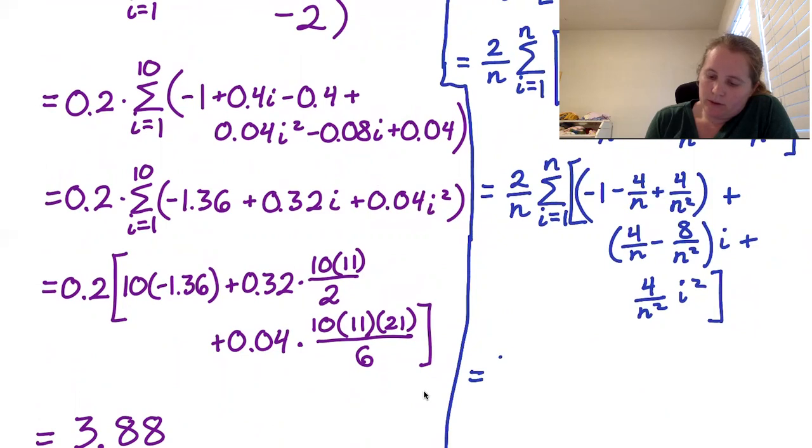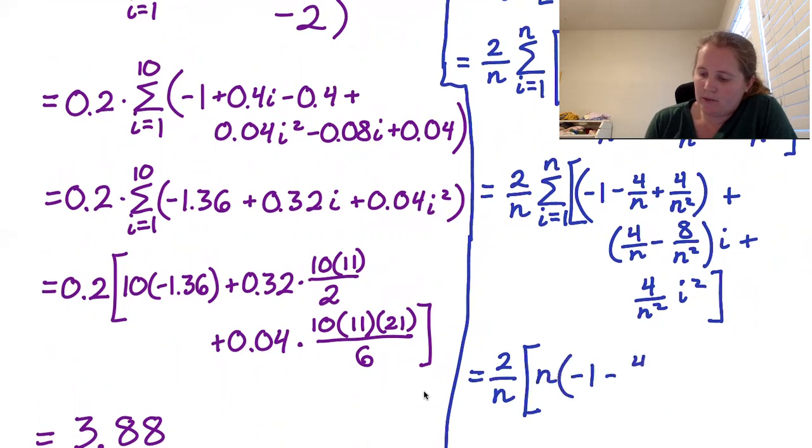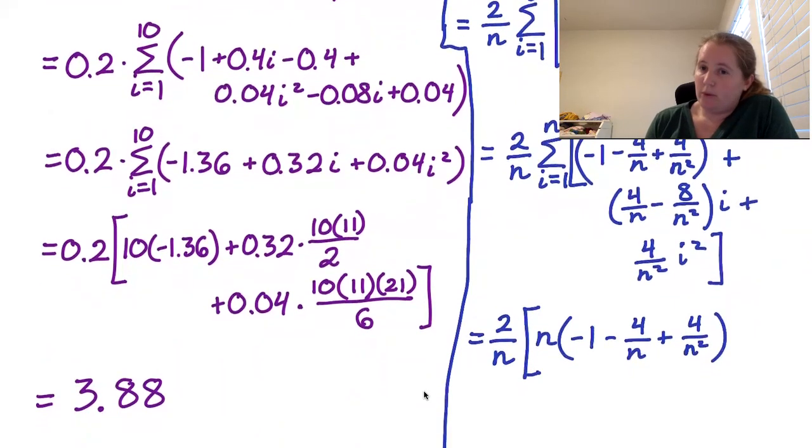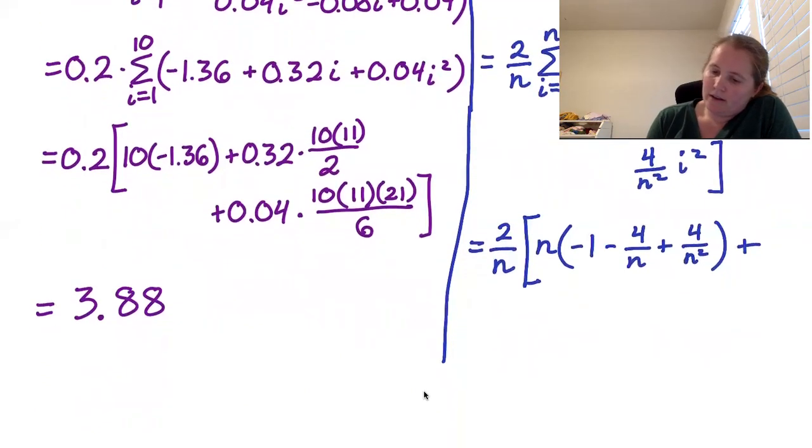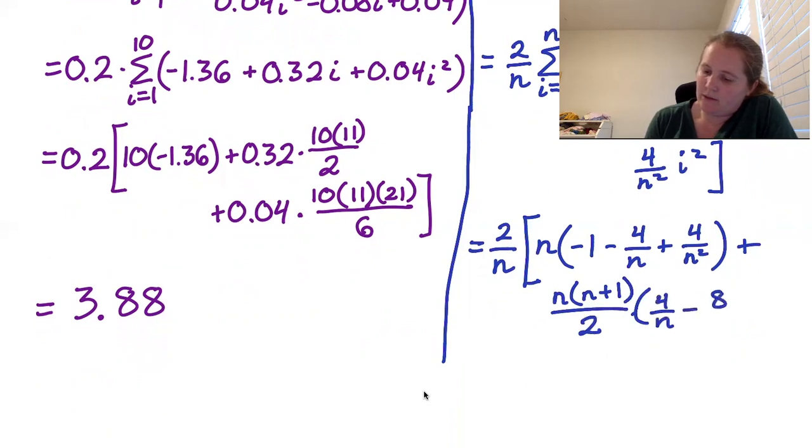So we have a 2 over n out front. That first sum, we will have n times negative 1 minus 4 over n plus 4 over n squared. Then we will have plus, for I, n times n plus 1 over 2, and then times 4 over n minus 8 over n squared.